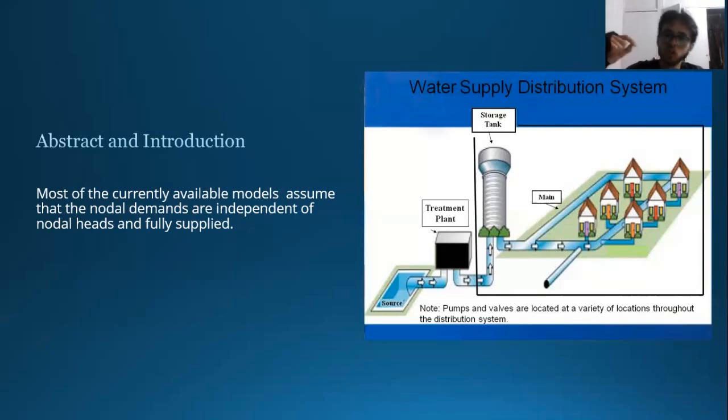The problem is that these conditions can be unrealistic when we go to practice, but we know that they really work in real life. We have a problem of pressure deficit because of pipe breaks, and beyond pipe breaks, valve failures, pump breakdown, and excessive consumption.